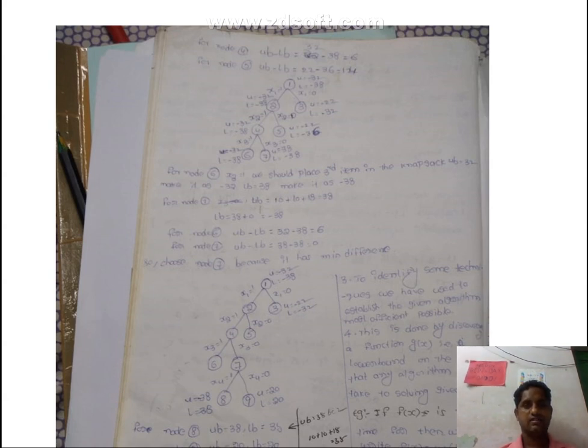That is 6 and 7. Now we have to consider 6 and 7. For node 6, x3 equal to 1, we should place the third item in the knapsack. Then upper bound equal to 32, make it as minus 32. Lower bound equal to 38, make it as minus 38. For node 7, upper bound equal to 10 plus 10 plus 18, that equals 32.